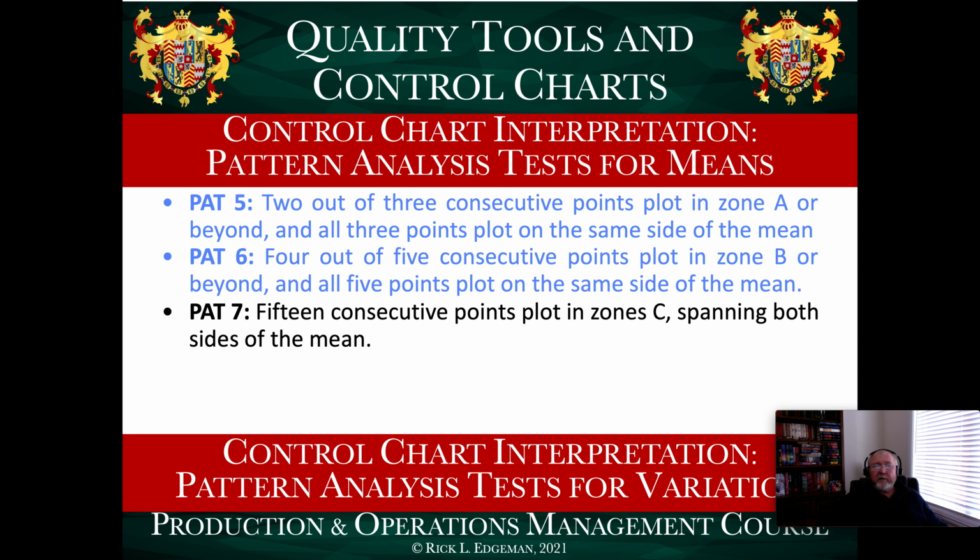Okay, pattern 7 and 8 reflect changes in variation in the process. So pattern 7, really subtle. Pattern 7 says you've got 15 consecutive points in zone C. So they're all between the green lines. Some are above the center line, some are below the center line, but they're all between the green lines.